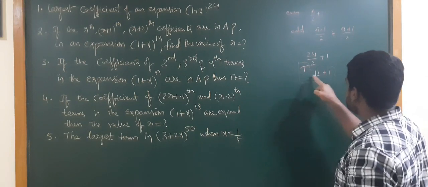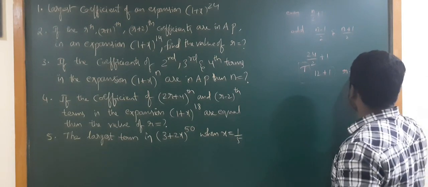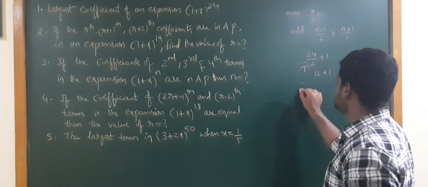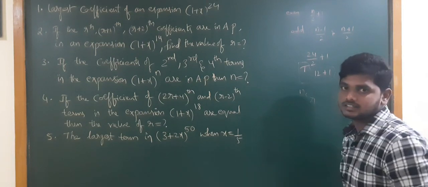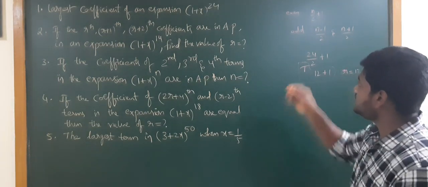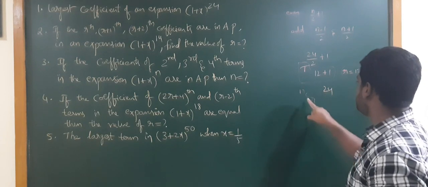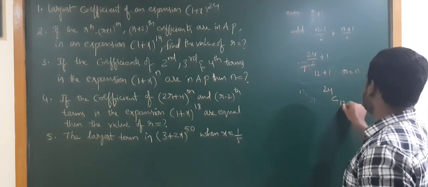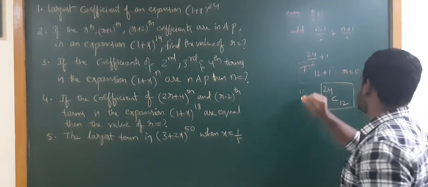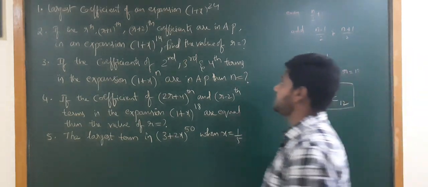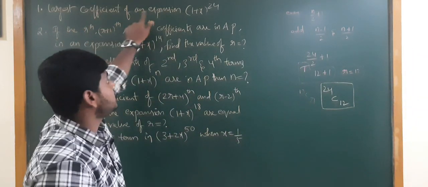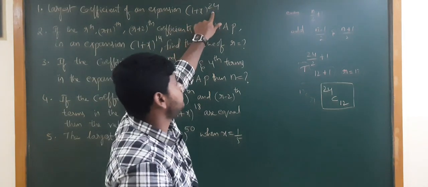As it is in the form of T12 plus 1, what is the value of r? r is equal to 12. That means in the form of nCr, what is n here? 24. So 24C, what is r here? 12. So this is the largest coefficient of the expansion 1 plus x whole to the power of 24.